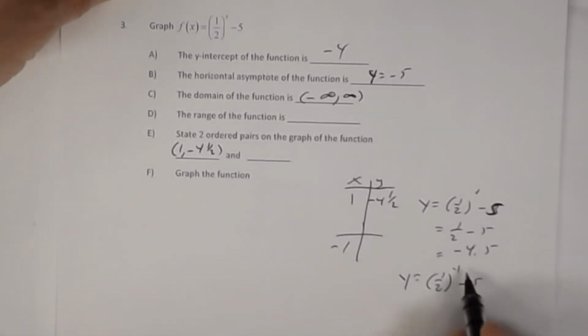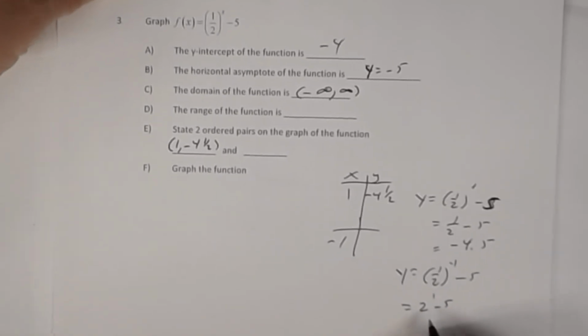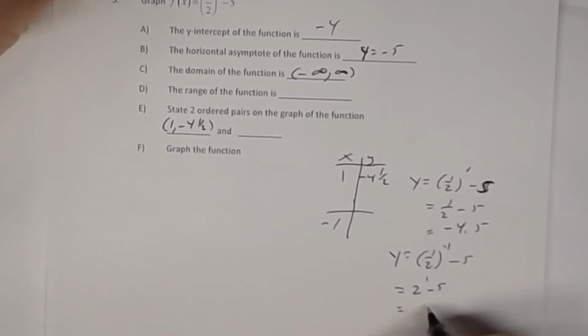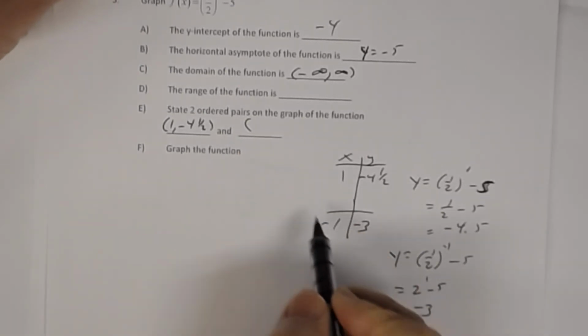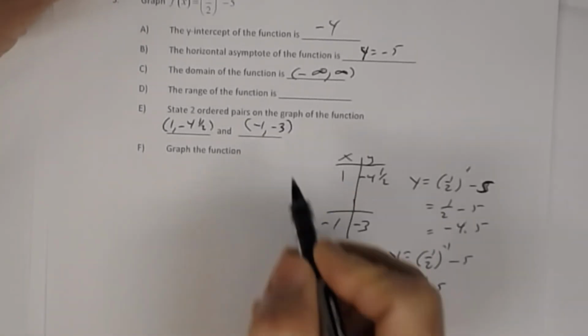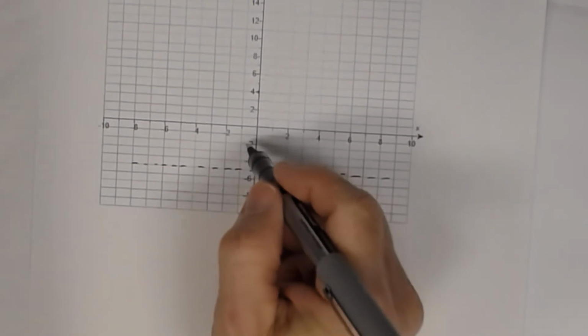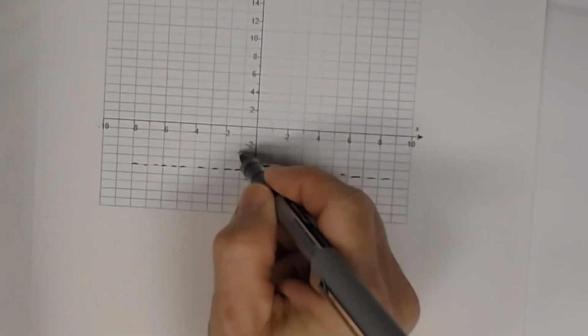Now remember in a previous course we talked about negative exponents. If I want to make this exponent positive, I need to take the reciprocal of this 1/2. So it becomes 2 to the first minus 5. Well, 2 to the first is 2, and 2 minus 5 is negative 3. So I get the point negative 1, negative 3. So negative 1, negative 3 is right here.